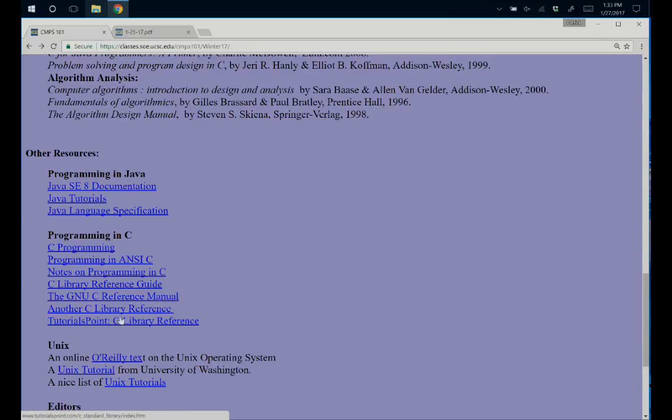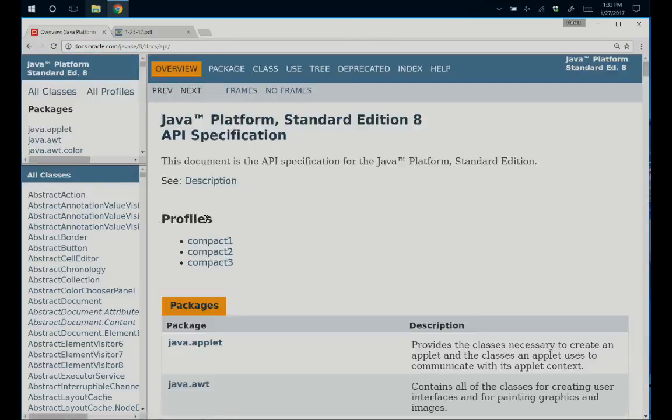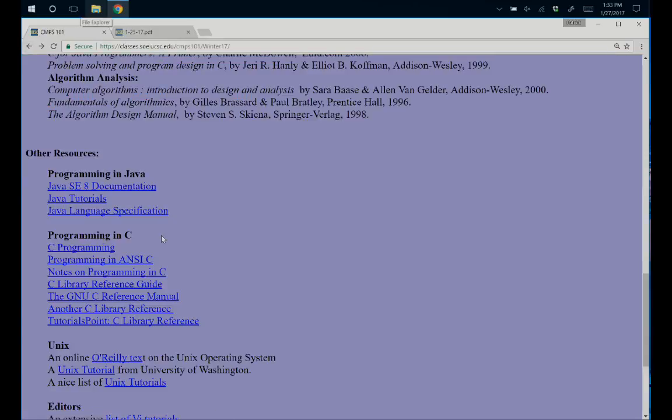Here are several. I wish there was a comprehensive reference to the C language the way there is to the Java language. Unfortunately, it's nobody's job, like the Oracle Corporation's, to post such a thing. So there are a few, but they're all kind of incomplete.